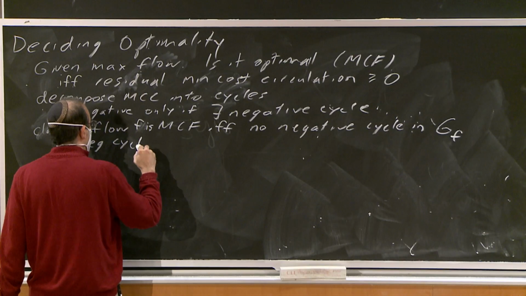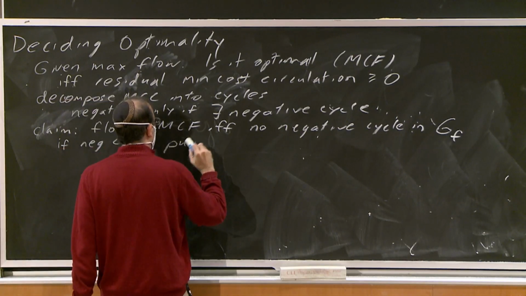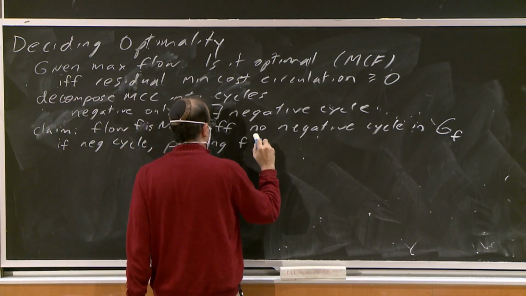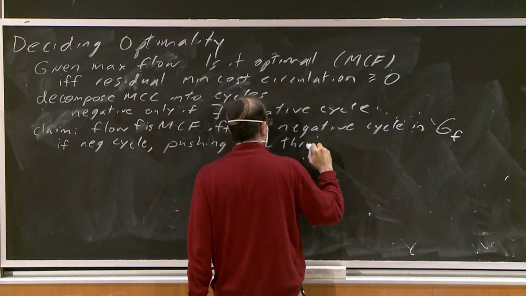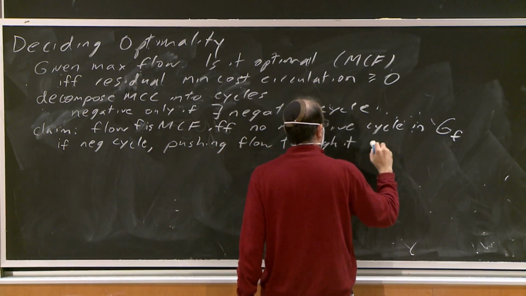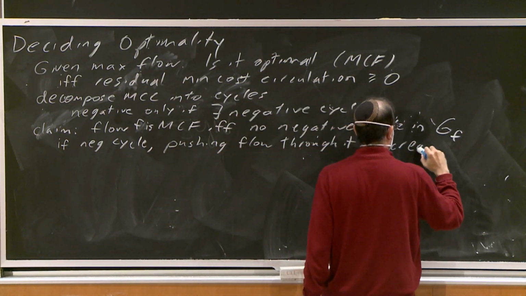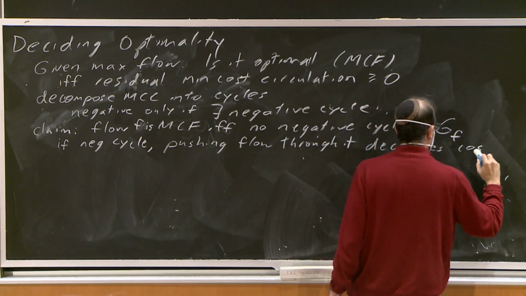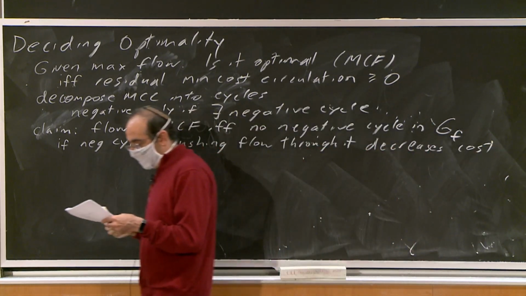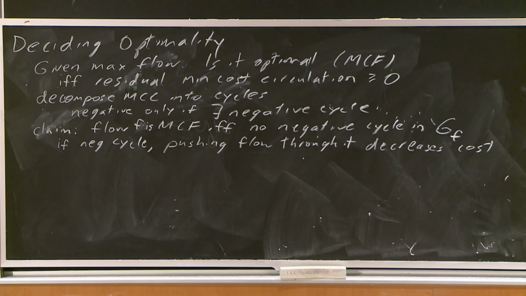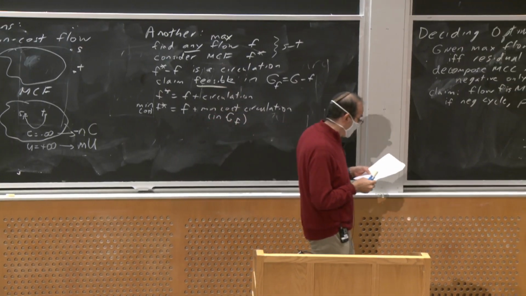If there is a negative cycle, then pushing flow on it decreases the cost and shows that the flow is not optimal.